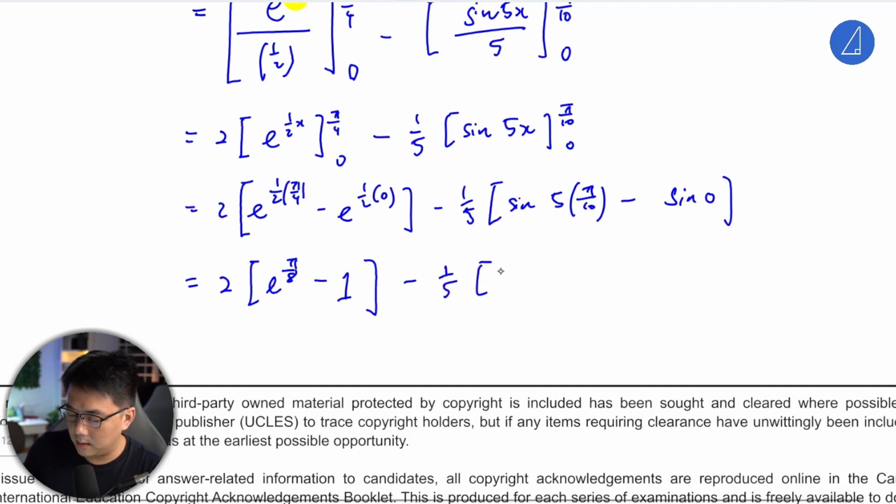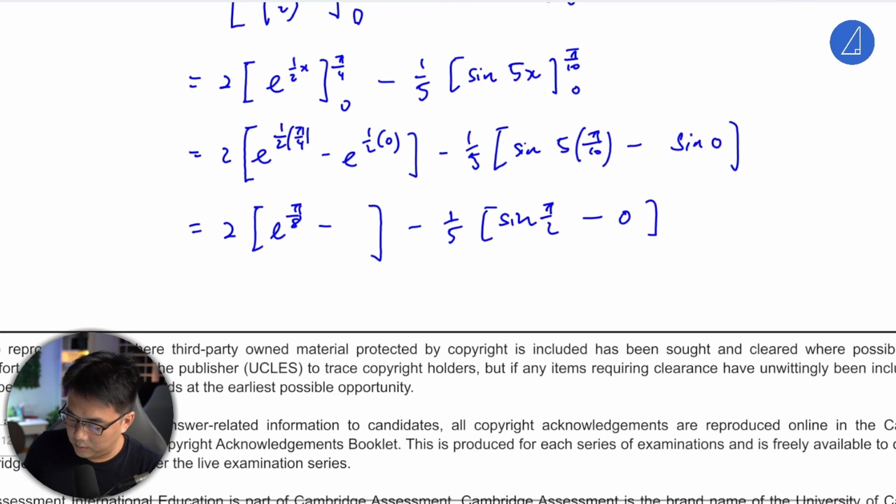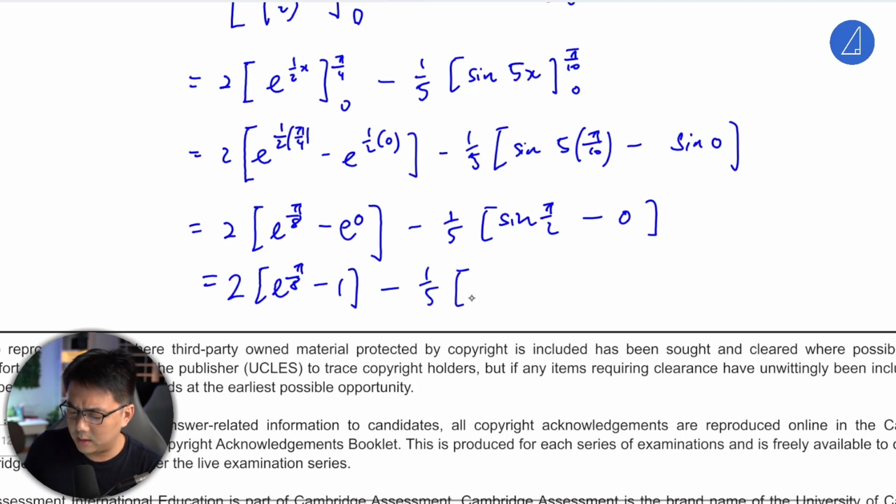This will be sine pi over 2, which is 1. Then this is 0. Okay, sine, maybe I just put this e to the 0 because that's 2e to the pi over 8. E to the power 0 is 1. This will be sine 90 degrees is 1 as well. Okay, so just remember that sine 90 degrees is 1.